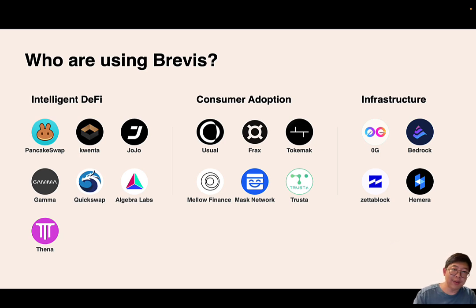Not only in DeFi, but we also have a lot of use cases in consumer adoption. For example, we work with a rising star in the stable token space called Euro to launch something called continuous protocol incentivization. This is very different from the one-off airdrop that is quite common in our industry today.